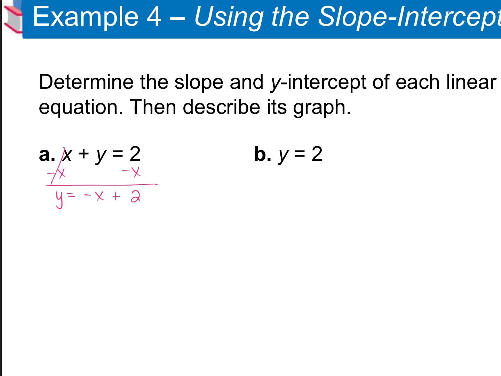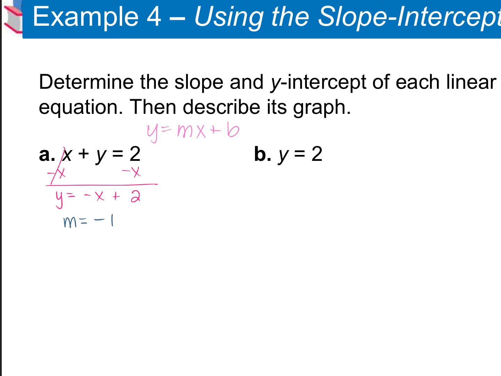If we are working with slope-intercept form, which is y equals mx plus b, where your m is your slope and your b is the y value from the y-intercept, we are going to use that y equals negative x plus 2 to find your slope and your y-intercept. So if we're comparing this to our formula, the m is the negative that's in front of the x, which just means negative 1.